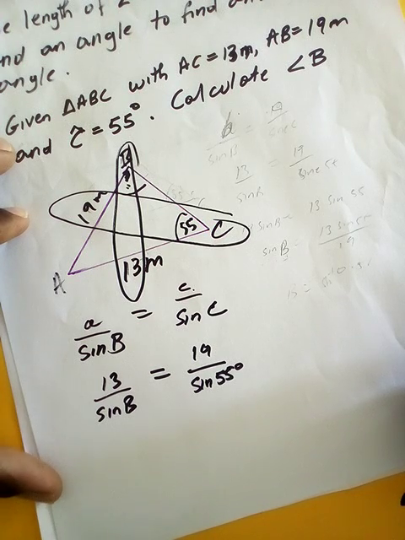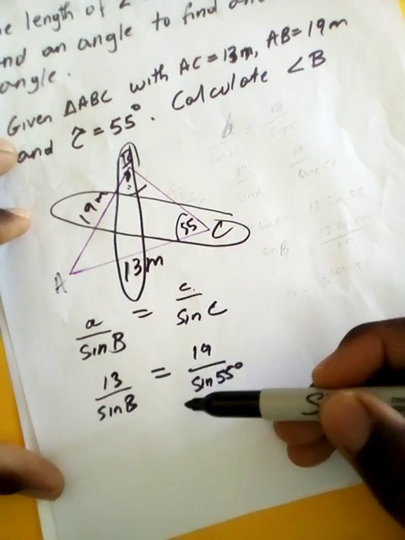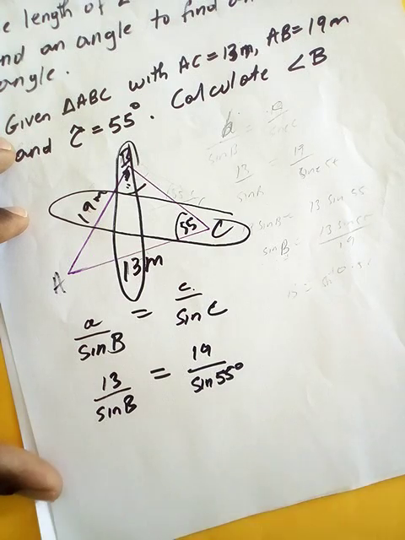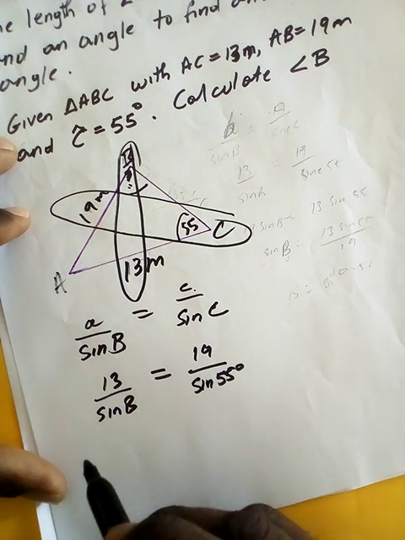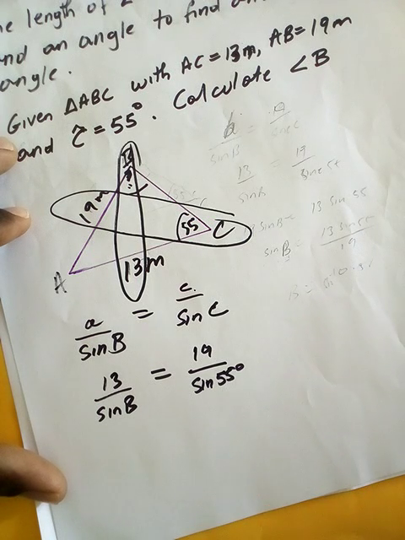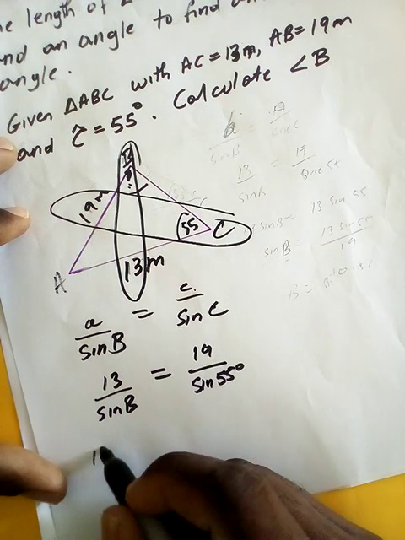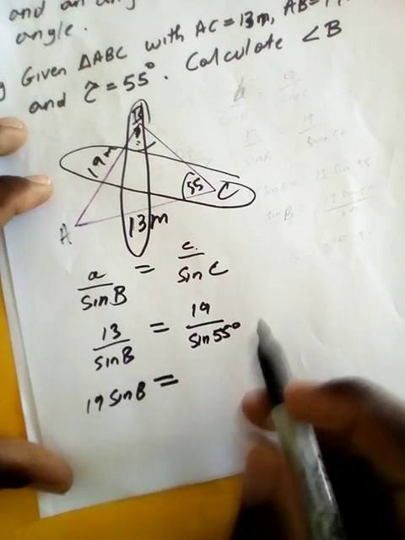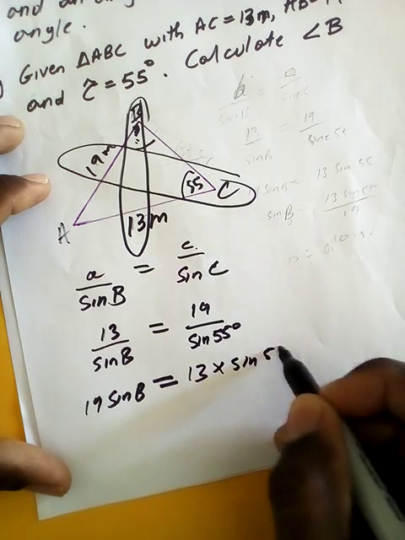Okay, so from here it is basic algebra. Now observe, it's an equal sign between the ratios or the fractions, so it's not cancelling, it's cross product or cross multiply. Okay, so it's basic algebra, remember. So we want to find sine B, so we're going to cross multiply, or what we call cross product. So sine B times 19, so it'll be 19 sine B equal 13 times sine 55.